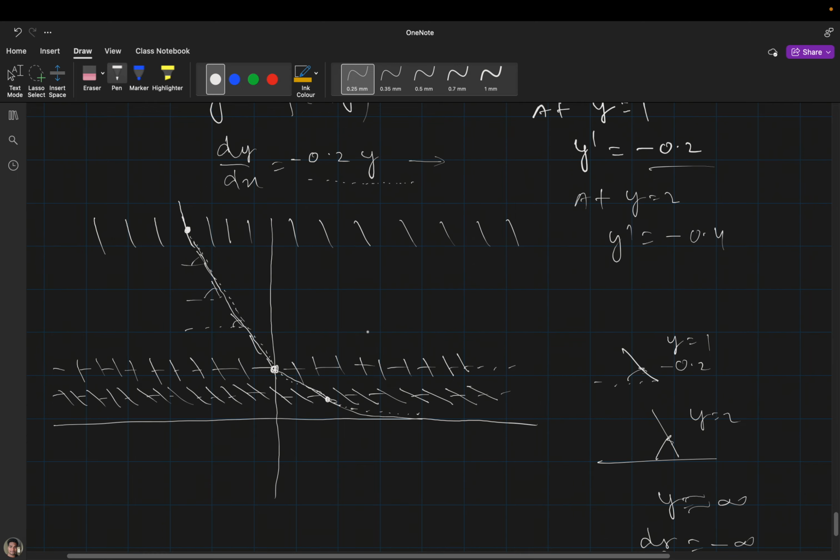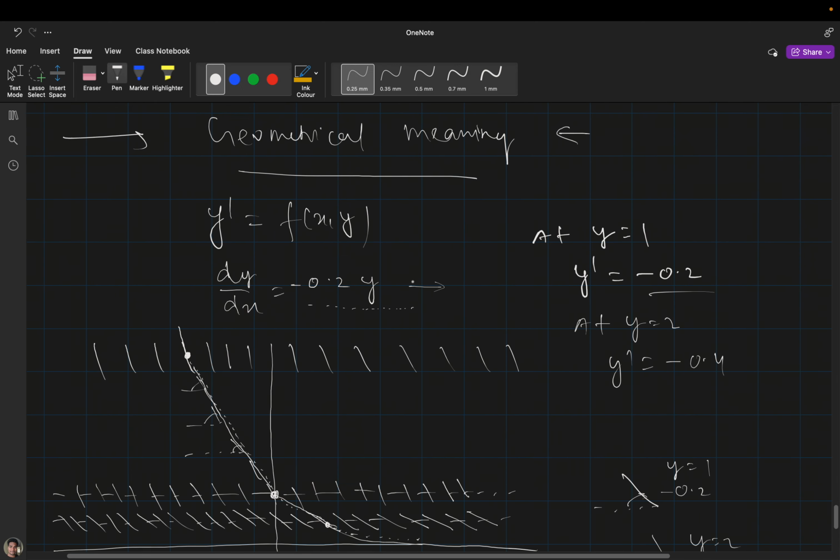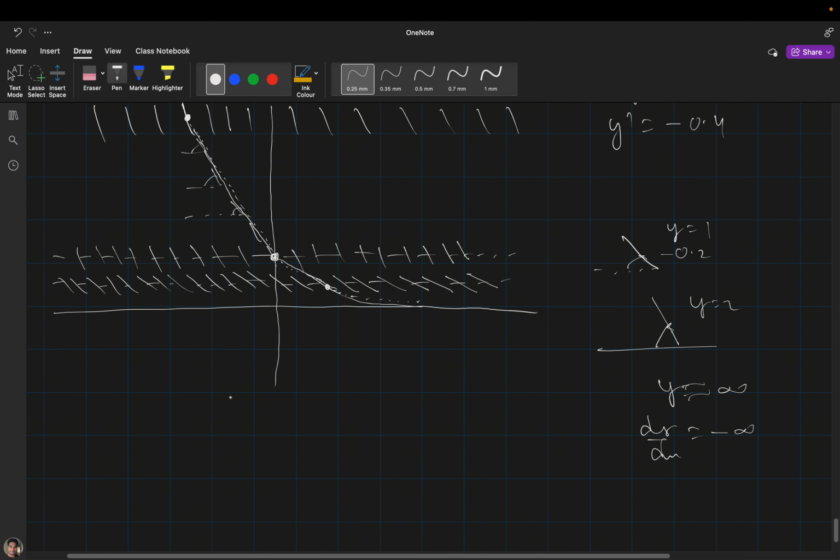But when you impose a boundary condition, like at t equal to half, the half life is 1250, then you will get some particular solution.